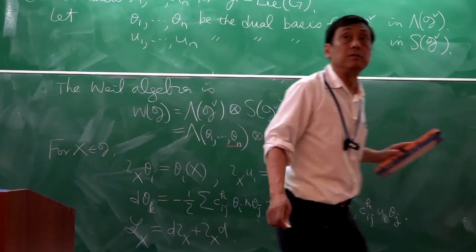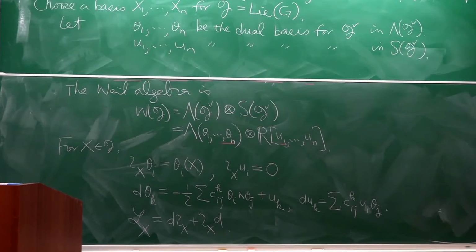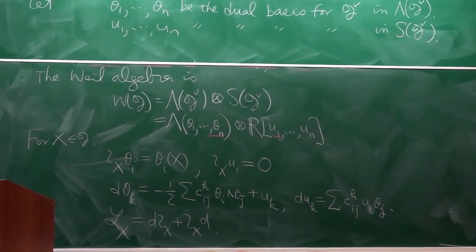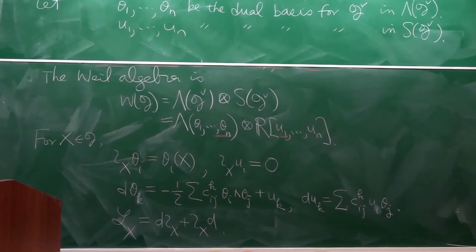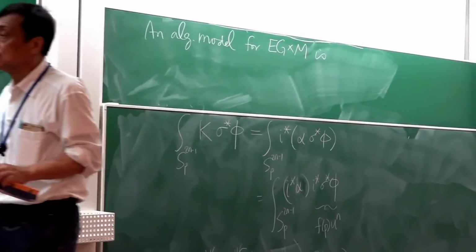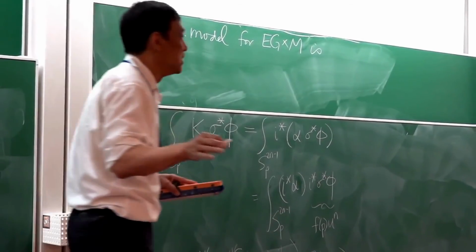And then an algebraic model. We want to have an algebraic model for the homotopy quotient. So you first have an algebraic model for EG cross M. Now the Weil algebra is an algebraic model for EG.